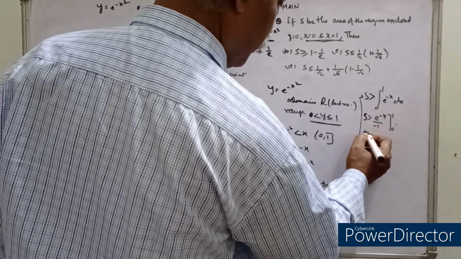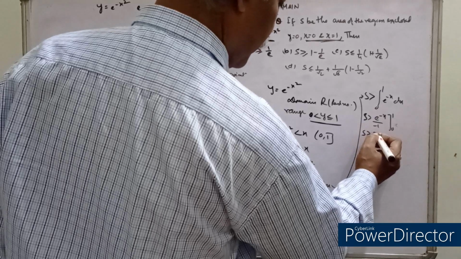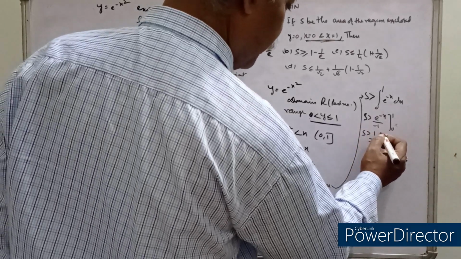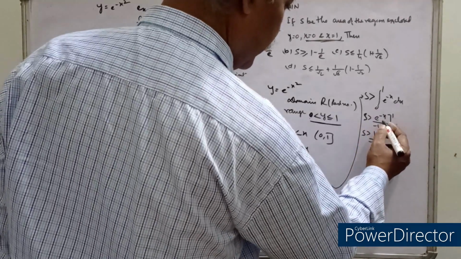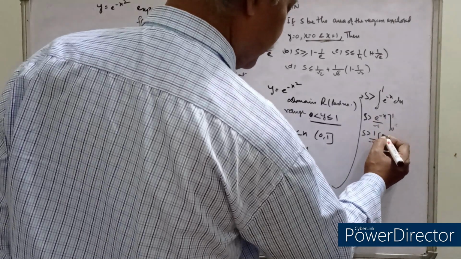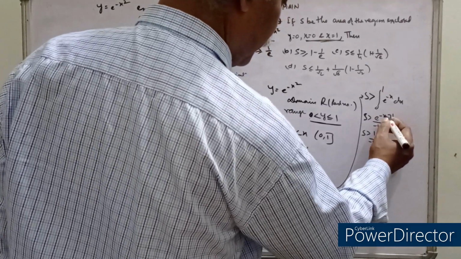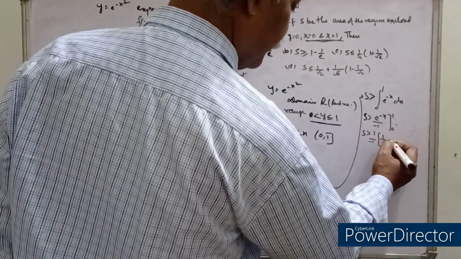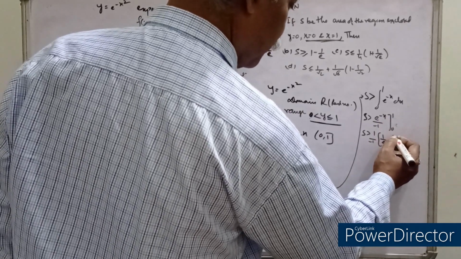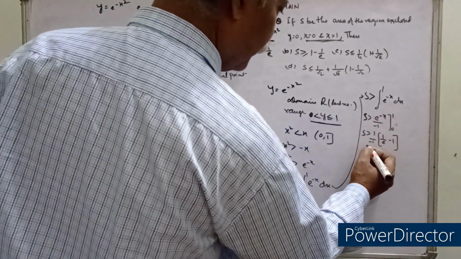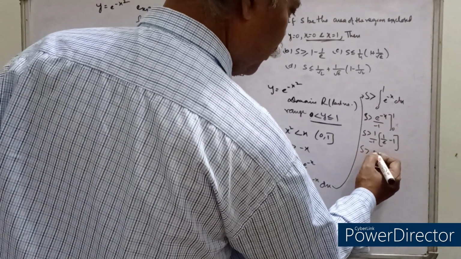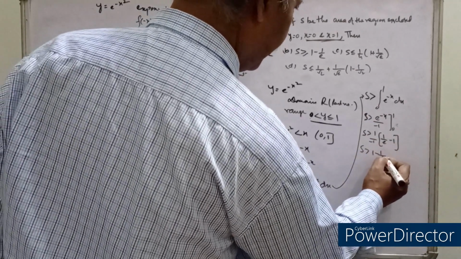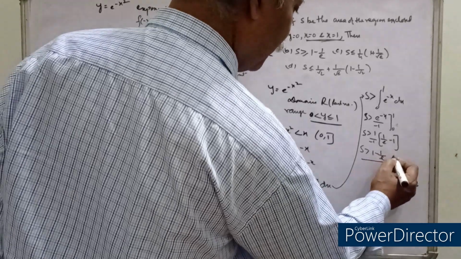So this will be S greater than minus, e to the power of minus 1 is 1 by e, and e to the power of 0 is 1, so S will be greater than 1 minus 1 by e. This is your answer.